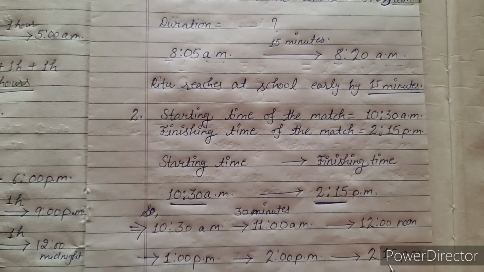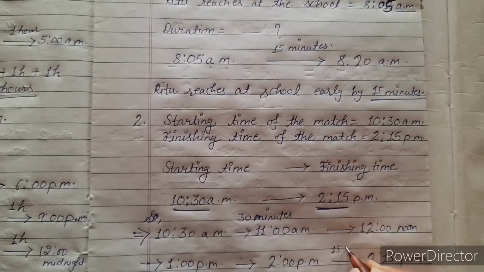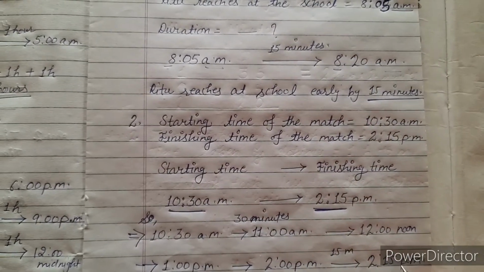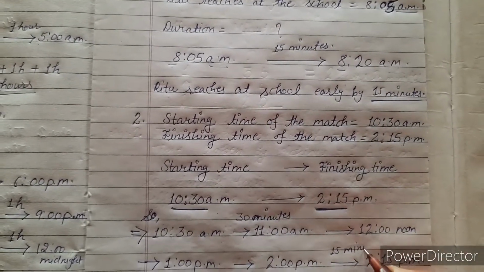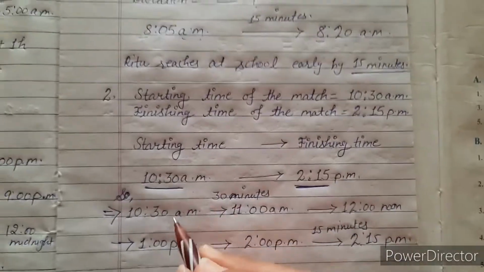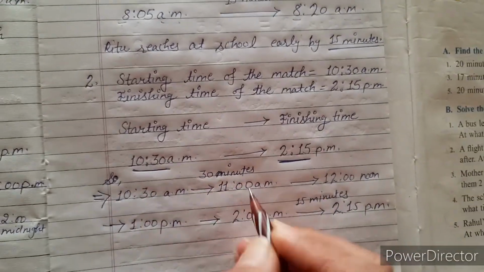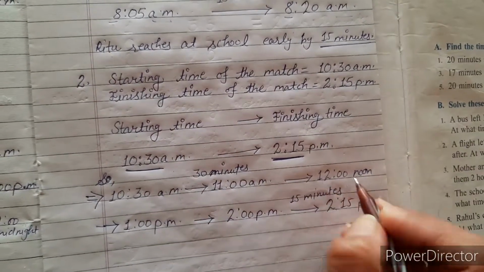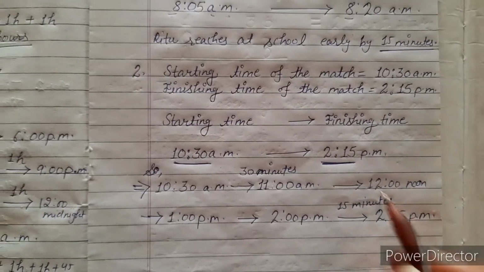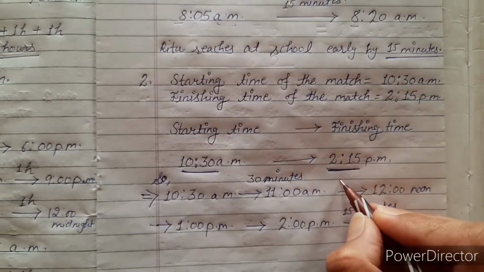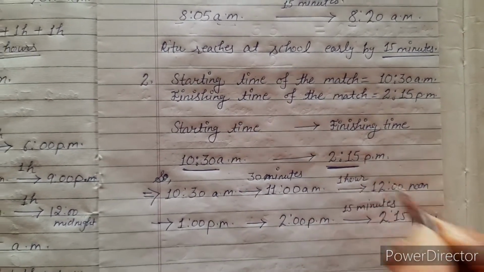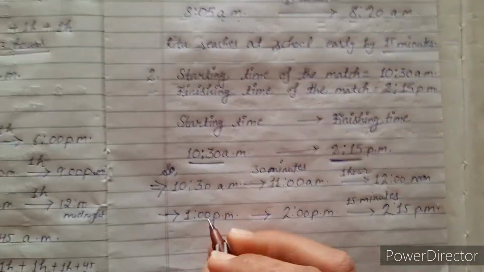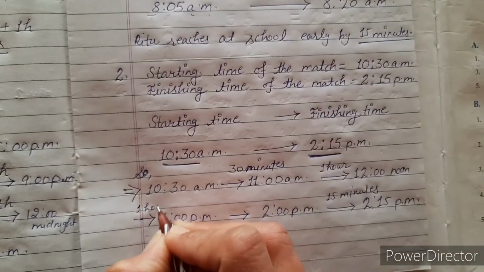And what is the duration between these? From 2 o'clock to 2:15 is a duration of 15 minutes. 10:30 to 11 a.m. is a duration of 30 minutes. 11 o'clock to 12 noon, again it is 1 complete hour. 12 noon to 1 p.m., again it is 1 complete hour.